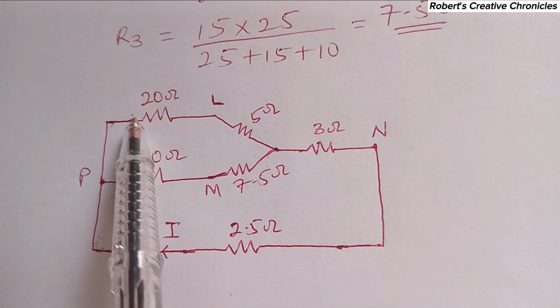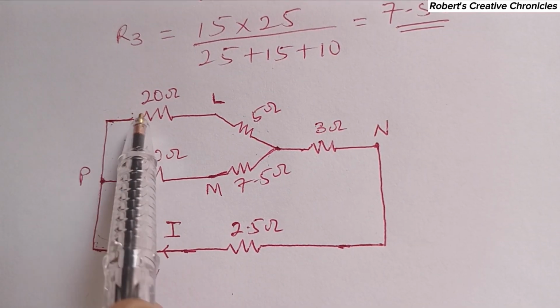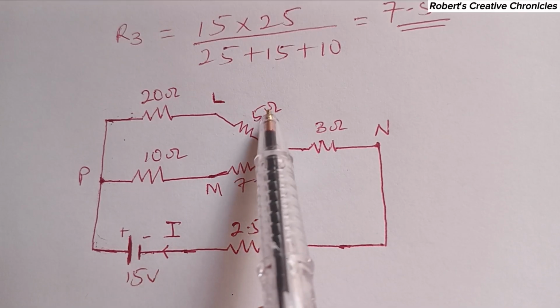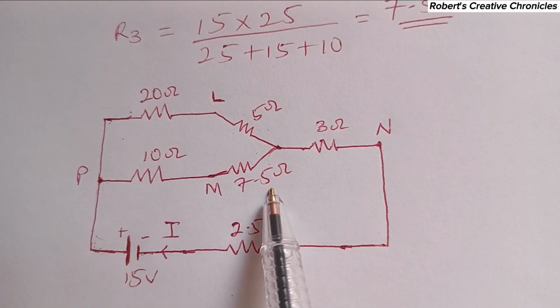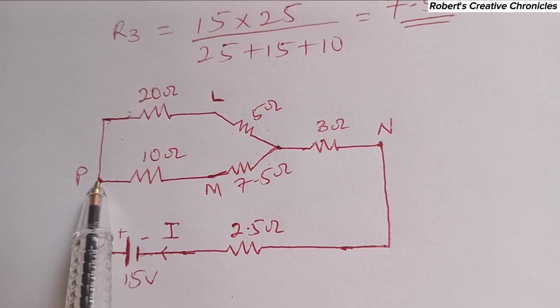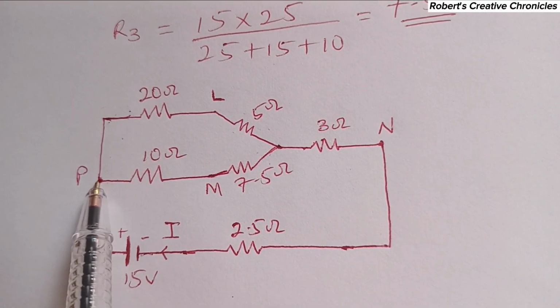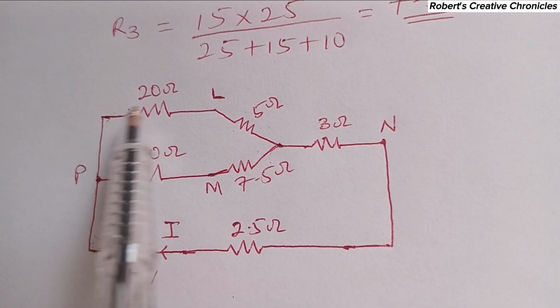Since the same amount of current enters the 20 ohm and 5 ohm resistors, these two are in series. Likewise, 10 ohm and 7.5 ohm are also in series. And when the current enters the point P, it splits. A portion of it enters this branch and a portion enters this branch.